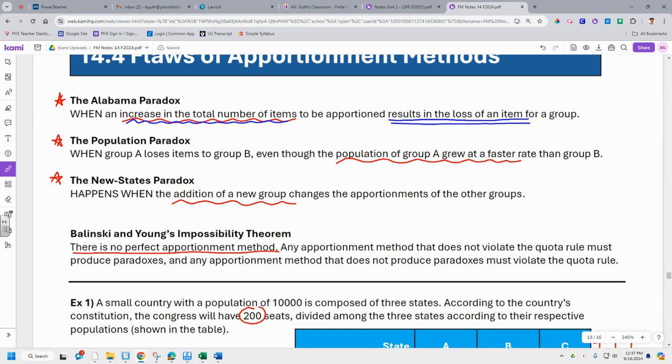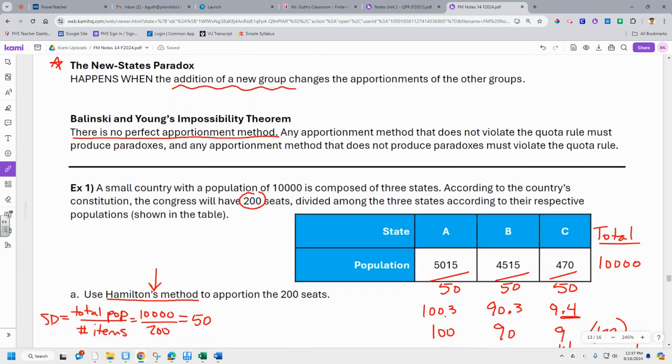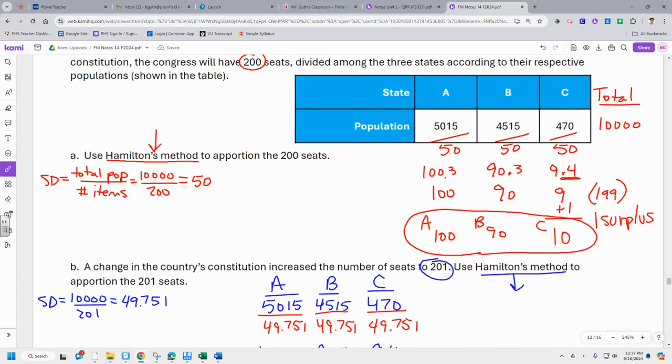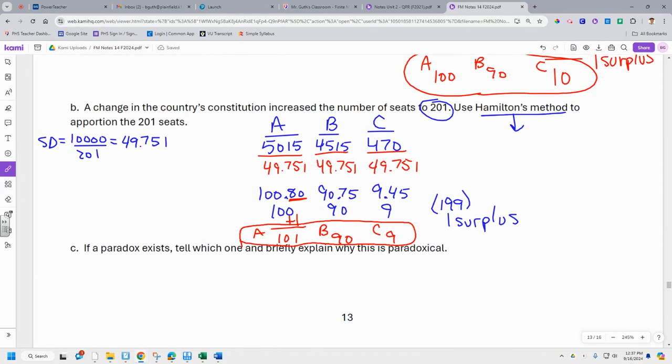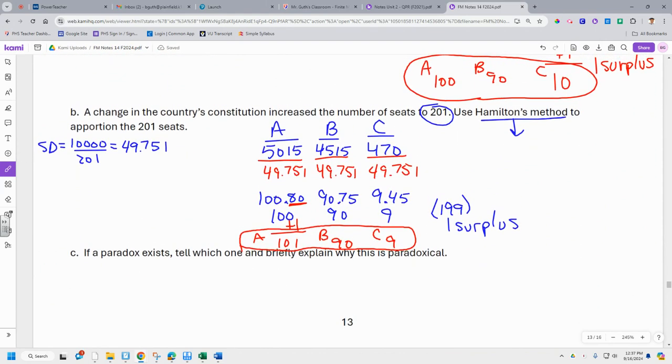We added an extra item to be apportioned, and yet somebody lost one of their seats. So notice this happens to C. Group C is screaming, hey, wait a minute, this isn't fair. We've got one extra seat to be apportioned, but now somehow, for some reason, we have fewer seats. We have 9 instead of 10. This is that Alabama paradox.